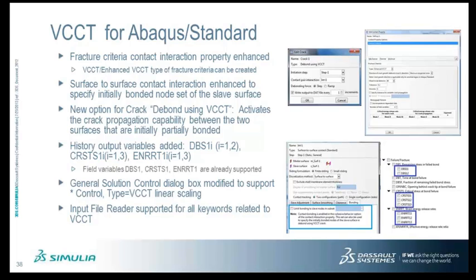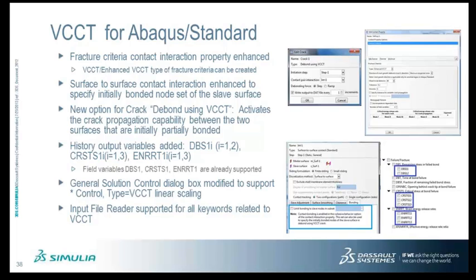In 612, you could specify an XFEM-based crack propagation using VCCT. Now in 613, we've enhanced this capability by supporting the debond option to specify that the crack propagation may occur between two surfaces that are initially partially bonded.